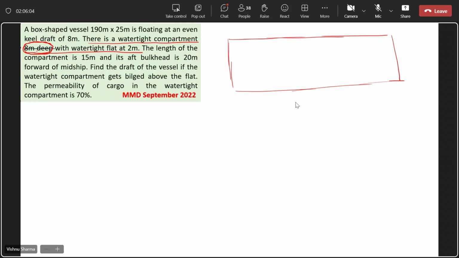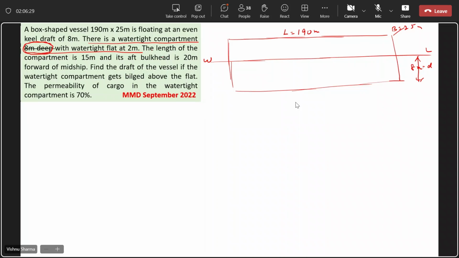So basically, if I ignore 8 meter deep, then I'm sure you'll agree the diagram would be like this. Length 190 meters, breadth 25 meters, floating at an even keel draft of 8 meters. Has a watertight compartment with a watertight flat at 2 meters.